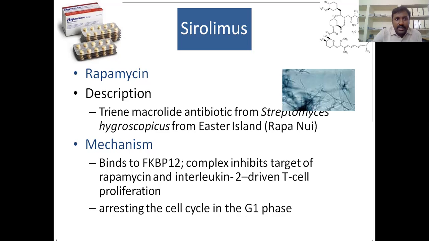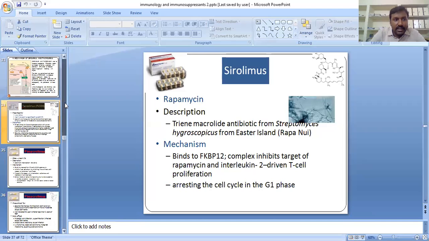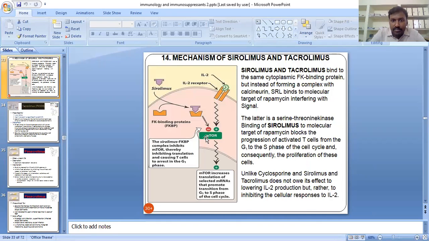Sirolimus has the brand name rapamycin. We heard rapamycin somewhere, where? That is mammalian target of rapamycin, MTOR. I already gave one diagram in the first and second videos. In the third signal, when interleukin binds to the receptor, it activates the mammalian target of rapamycin.